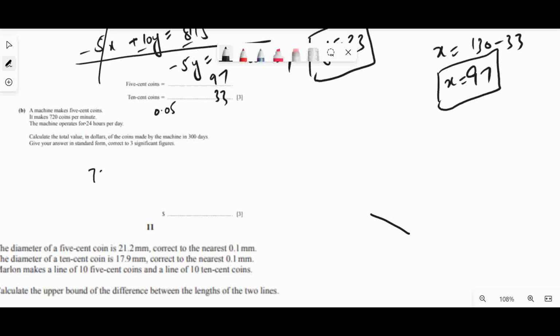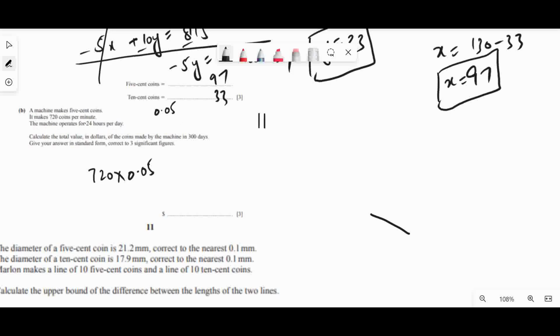So per minute, 720 coins multiplied by 0.05. So this is per minute. Now here the machine operates 24 hours per day.